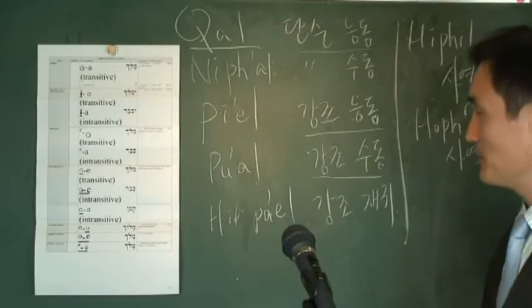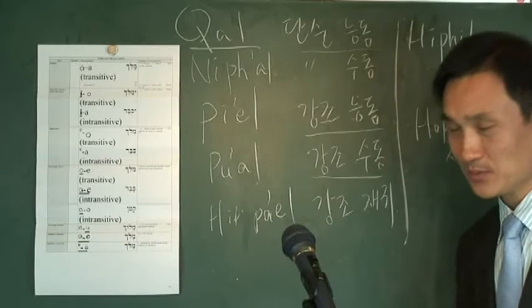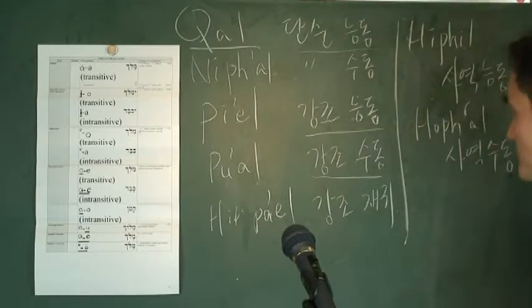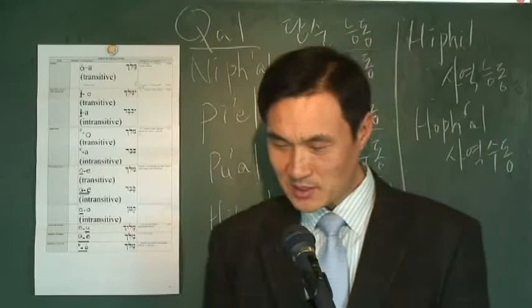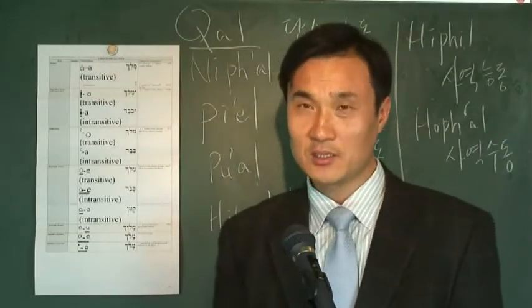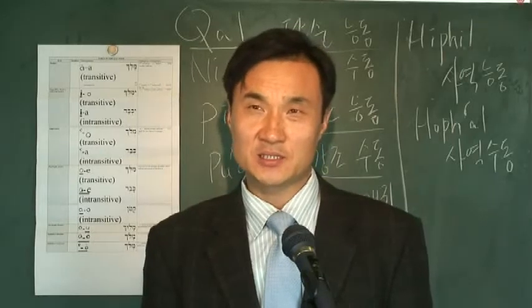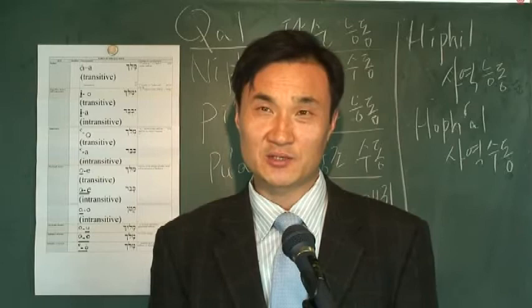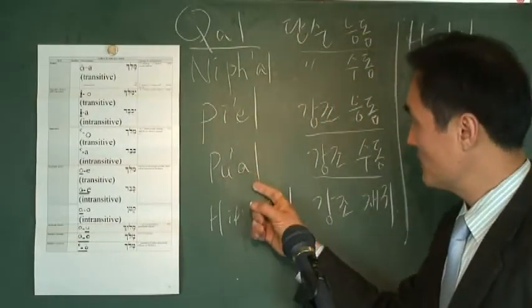The Kal stem is called the simple stem, and the other stems are called derived stems. I am telling you this for a reason. The Hebrew Kal verb consists of finite forms and non-finite forms.